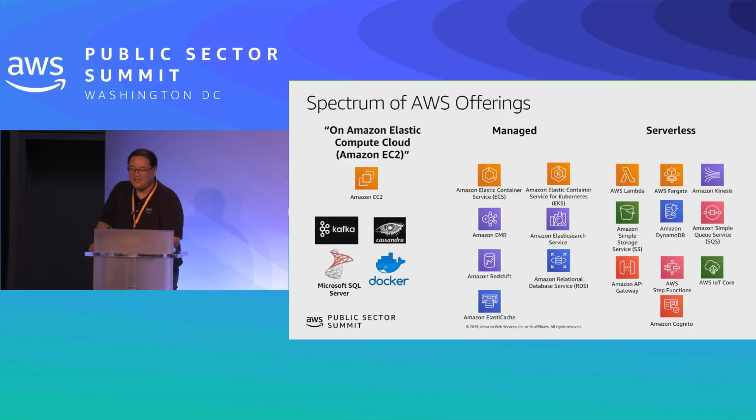So this is sort of a view of a lot of the offerings in the AWS platform. They're organized here approximately to give you one way to view them on the spectrum, from services that are actually running on customer deployed and managed EC2 infrastructure. EC2 is Elastic Compute Cloud.